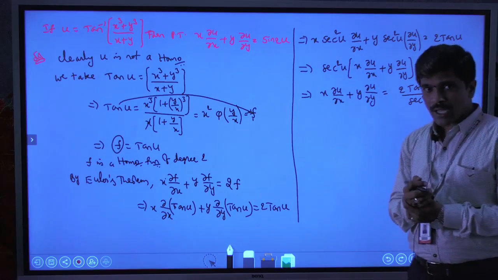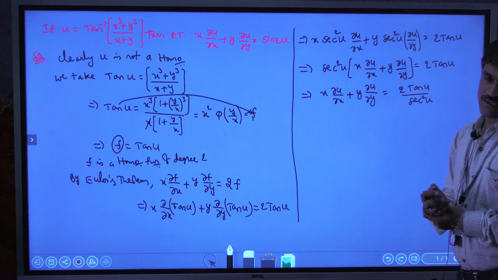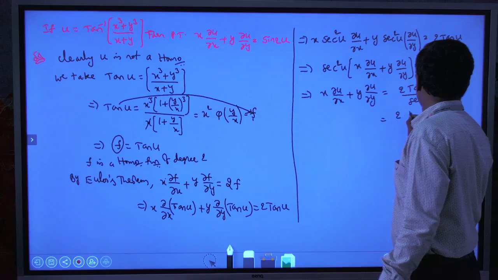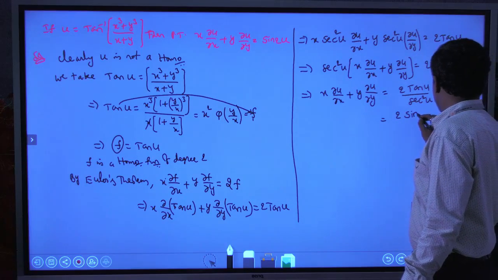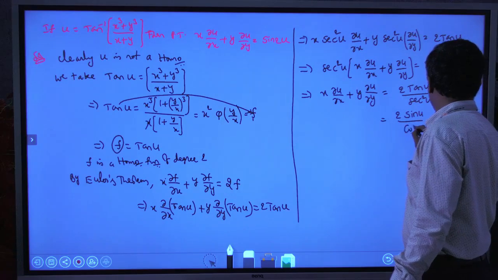Actually what is secant square? Secant square can be written as 1 by cos square. And 2 tan u can be written as 2 sin u by cos u.